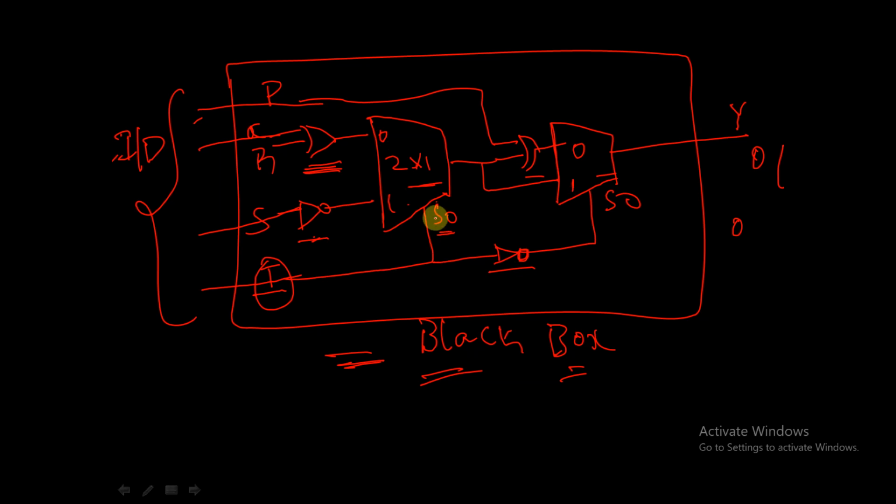So if T is equal to 0, what happens? Here this line will be selected. This is a path, and this will be our output. Is it clear? OR gate, multiplexer, multiplexer, if T is equal to 0.